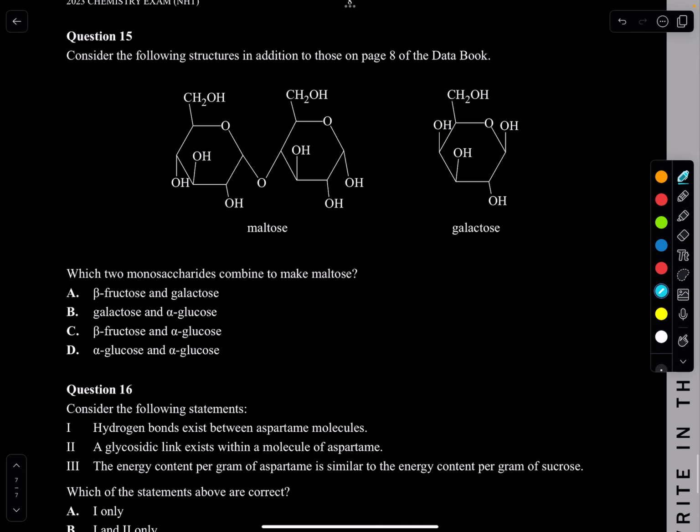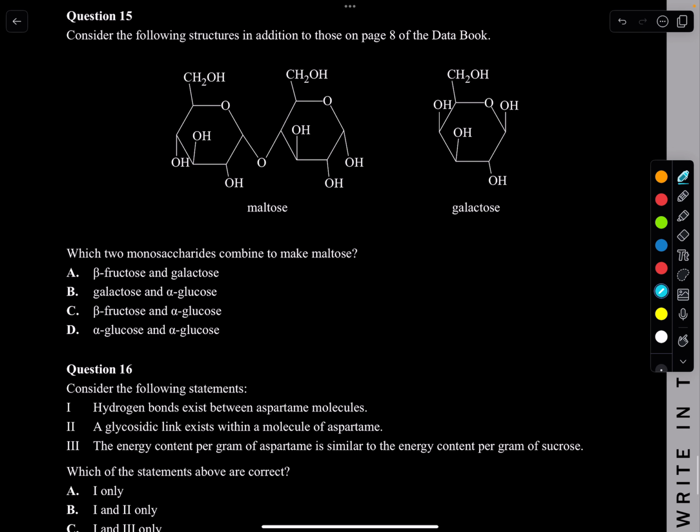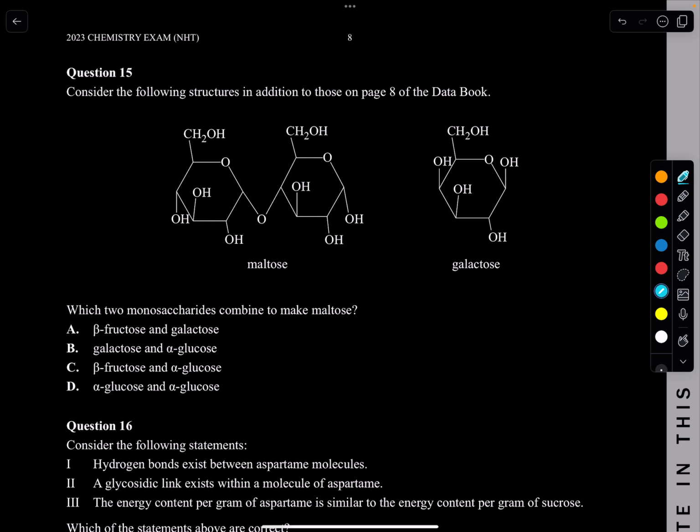15. Consider the following structures in addition to those on page 8 of the data book. Which two monosaccharides combine to make maltose? Having a look at it, the easiest way is to look at the bonding down here. You can see that this one's downwards and this one also downwards. If it bonded with galactose, it would be like this.